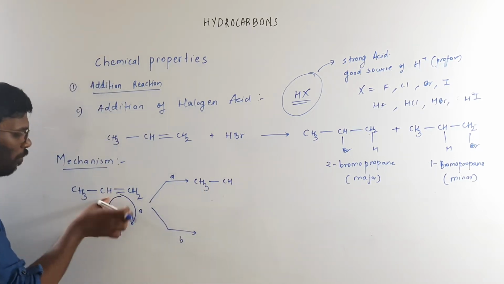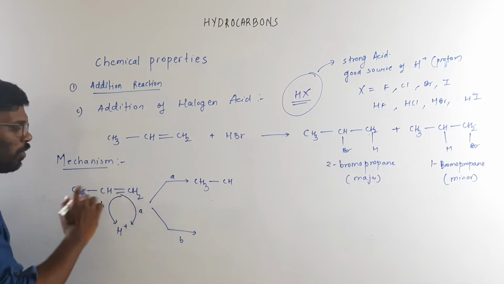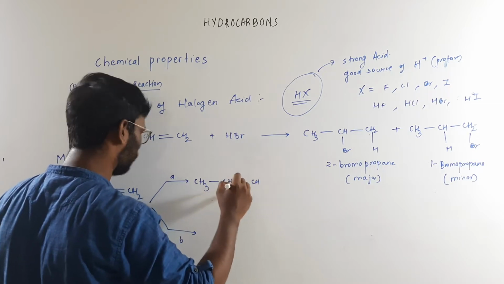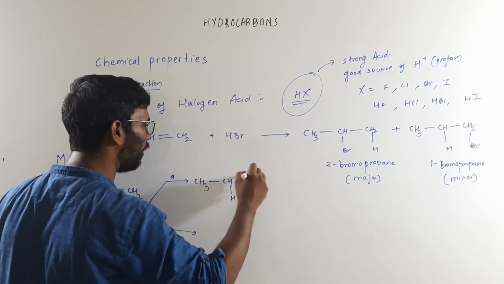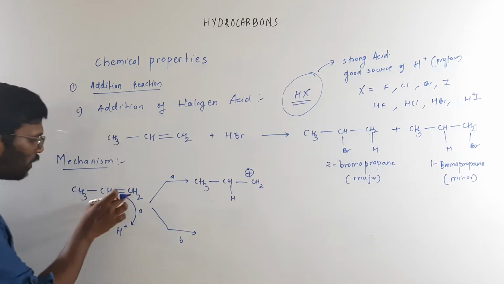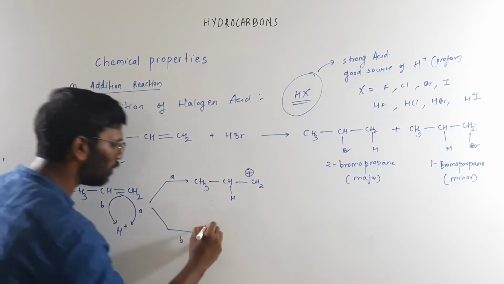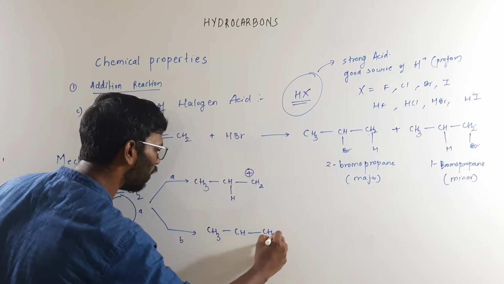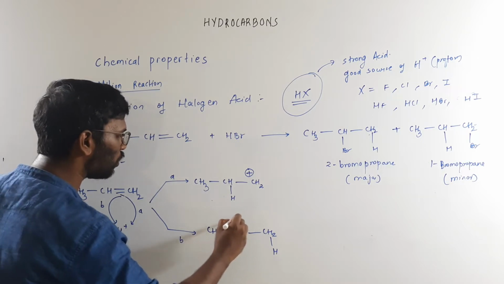If it is breaking from this side, any one you can take, like this bond is breaking from this side, means this carbon is losing an electron, and here the hydrogen is coming, and this is CH2, and here the carbocation will be formed if it is going via path A. And if it is breaking from the other side and this carbon is getting connected to new hydrogen, then you are going to get a carbocation over here, and the positive charge will be formed.